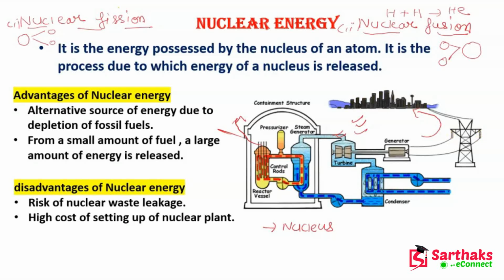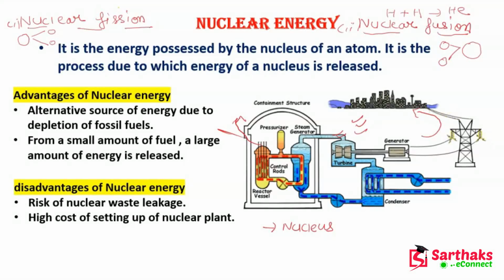Now this steam, after rotating the turbine, again comes to this condenser, and this condenser condenses the steam and converts it into water. Now this water is again sent to this part where heat is released.